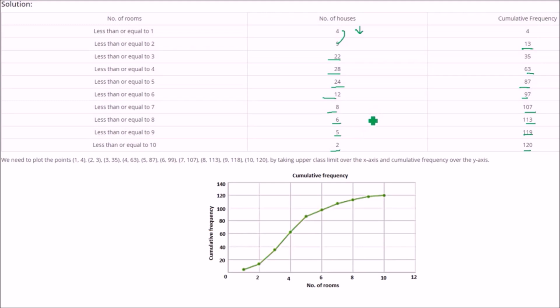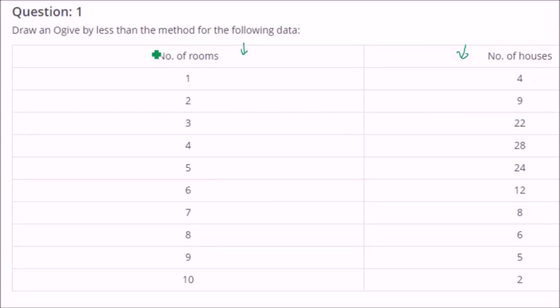Now first of all, when we want to make the OGIVE, we need to make a graph. This is less than or equal to 1. Say this is 1. So when we say less than, all which are less than 1 are 4.